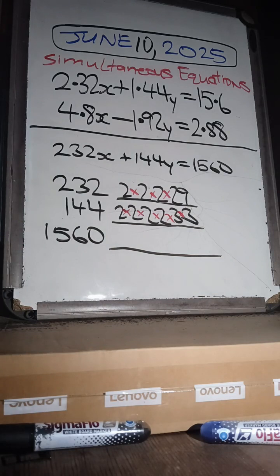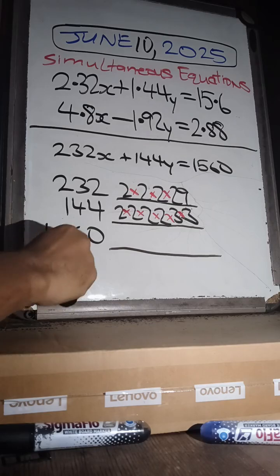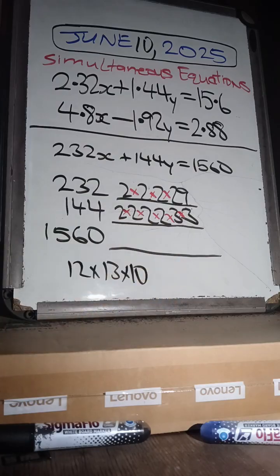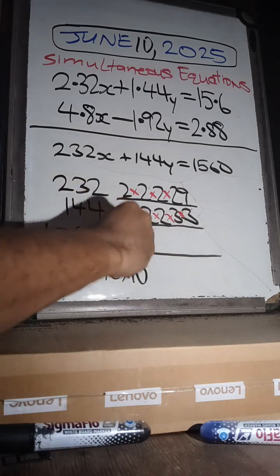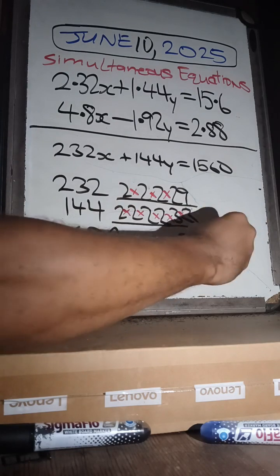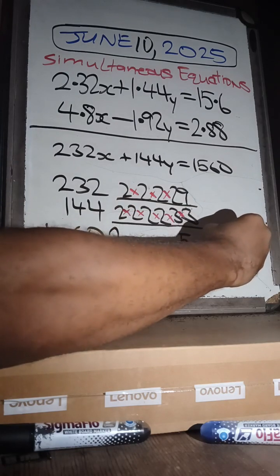I know something about 156. If I add 12 to 144, I get 156. So 12 times 13. So that means I have 12 times 13 times 10. Okay, so that means I have a 2 up here, well, a 5 somewhere, a 13 somewhere.